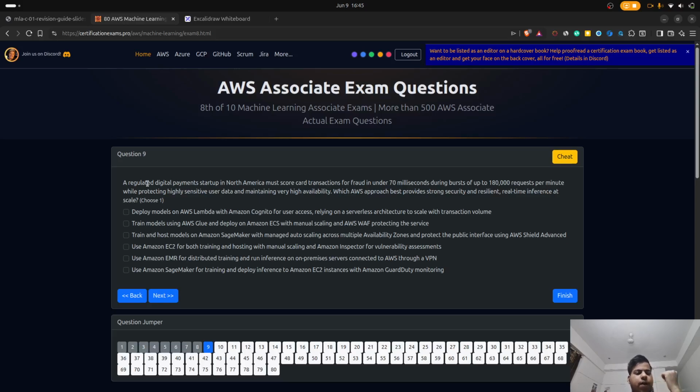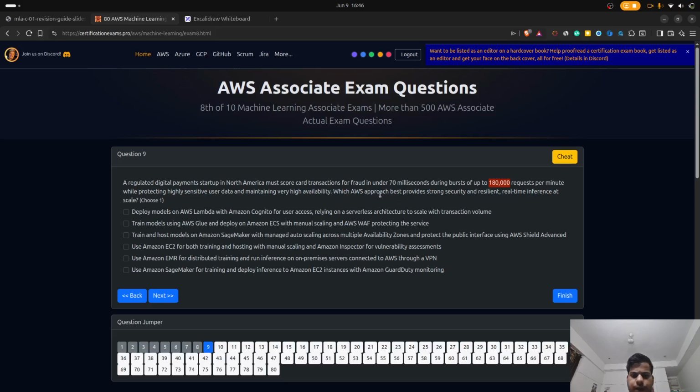Okay. A regulated digital payment startup in North America must score card transaction fraud in under 70 milliseconds during bursts of 180,000 requests per minute, while protecting highly sensitive user data and maintaining very high availability.